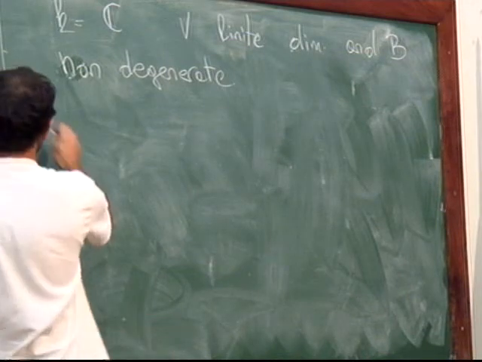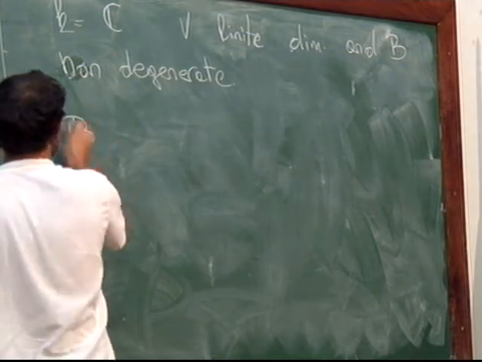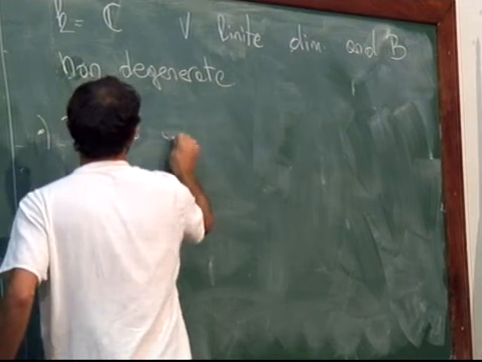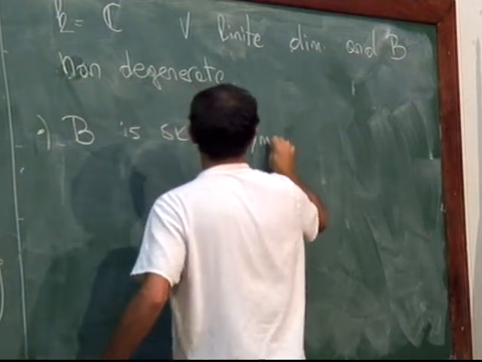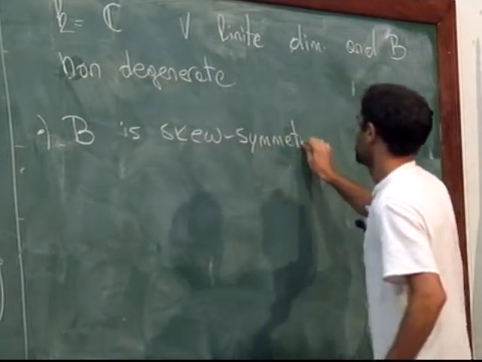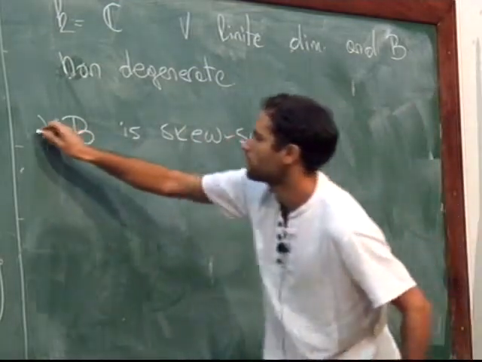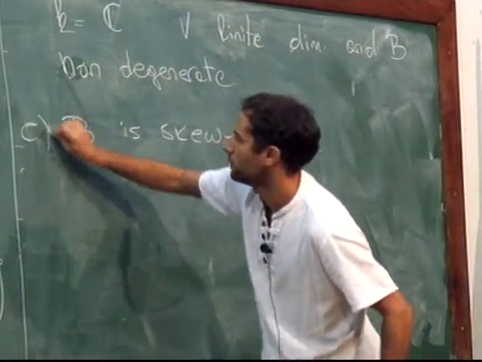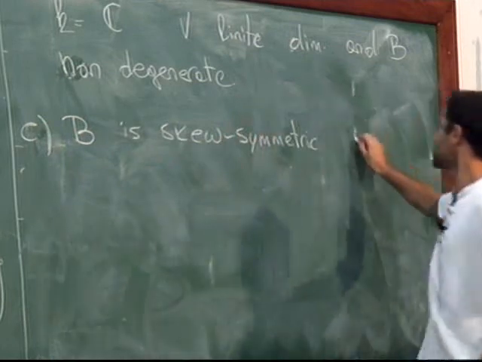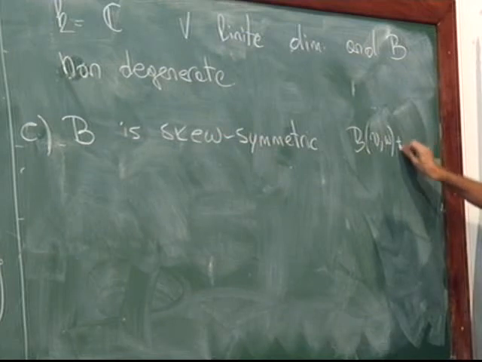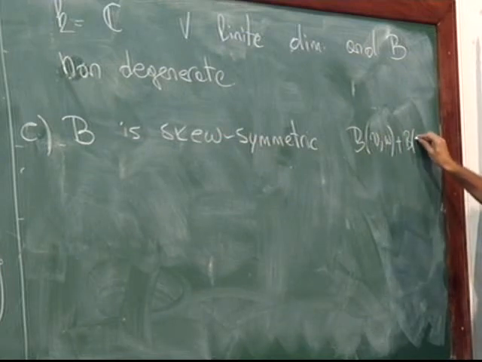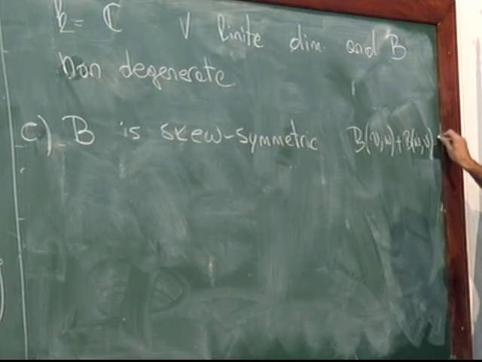We can ask that B is skew-symmetric, so let's call this example C. So this is B of V, W plus B of W, V is equal to 0.